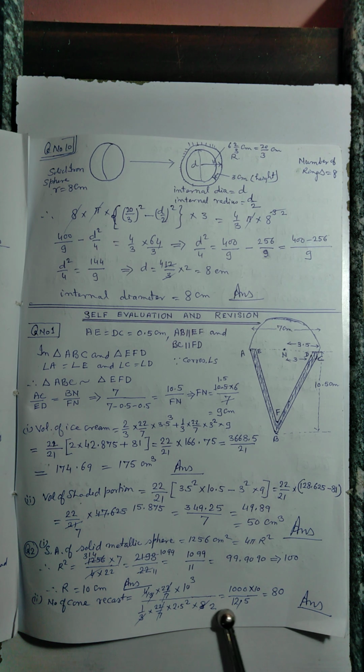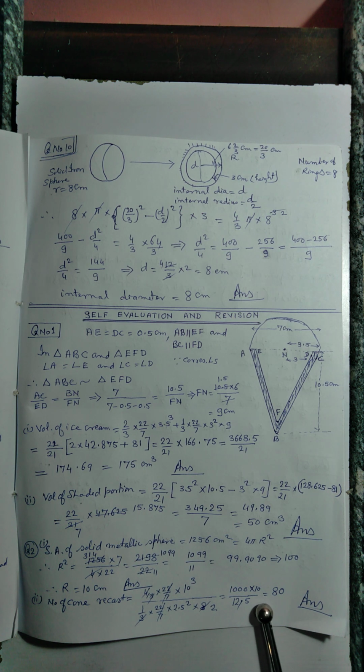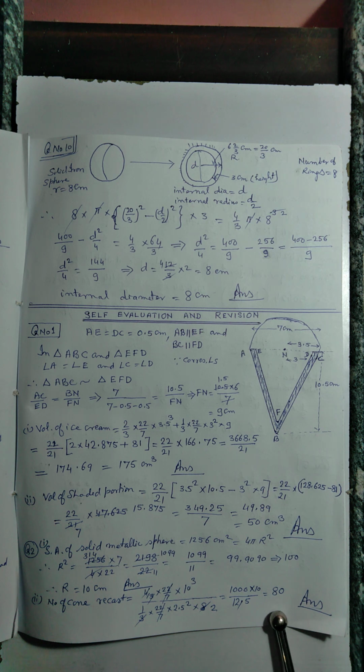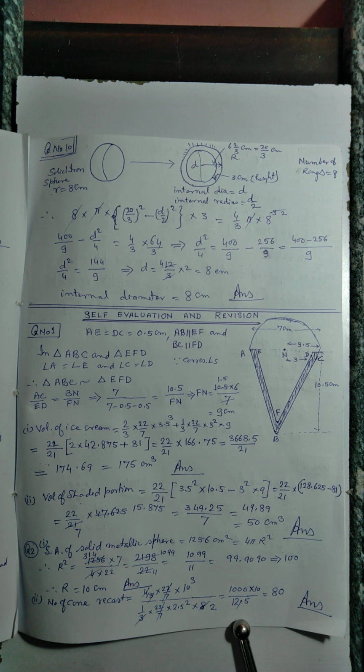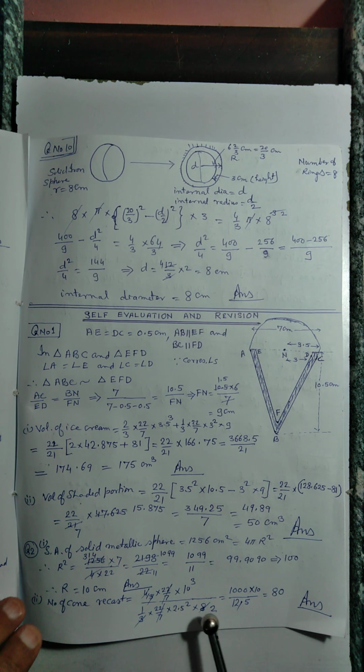So 1000 here from 10 raised to power 3, 1000 into 10, that will be equal to 125. We divide this, we solve it, you will get 80. That will be the number of cones recast.